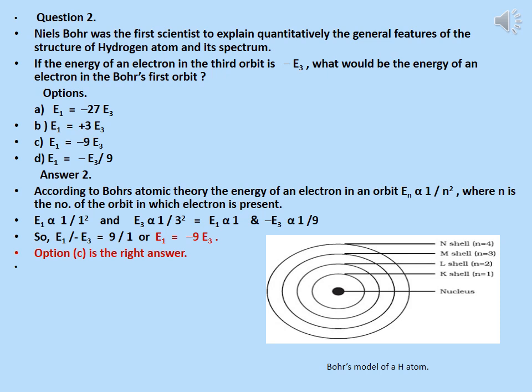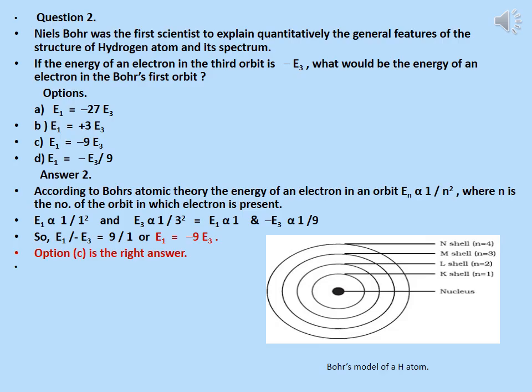So therefore, E1 would be proportional to 1 by 1 square, that is 1 by 1, and E3 would be proportional to 1 by 3 square. That is the energy of the third orbit. 3 square is 9.